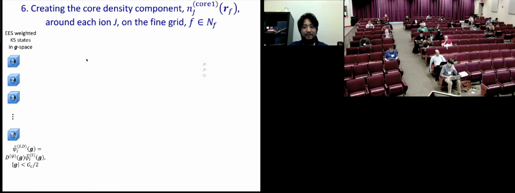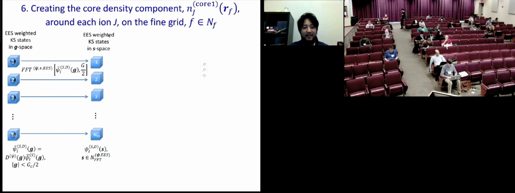And similarly, for the core one part of the density for each atom, you multiply your psi I with the ES weighting factor, and then you get the ES-weighted Kohn-Sham state in the real space.